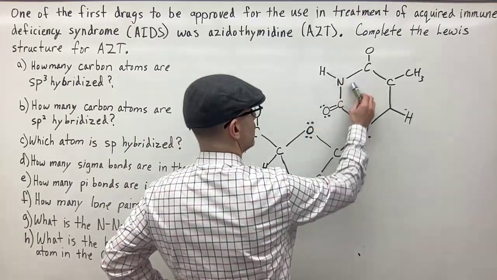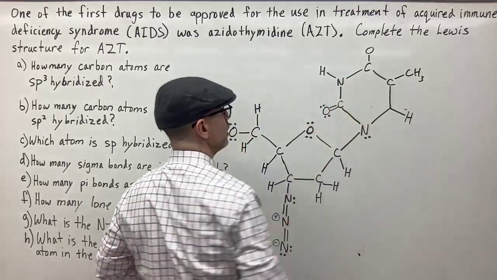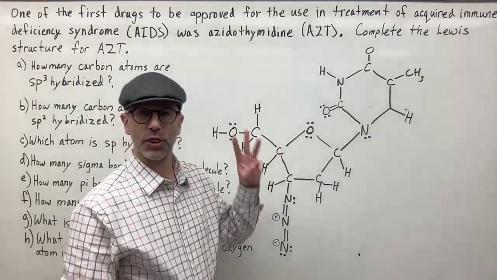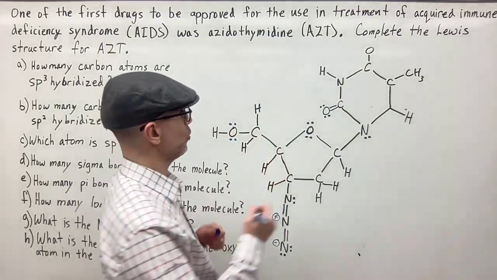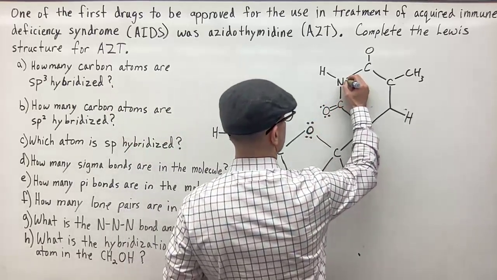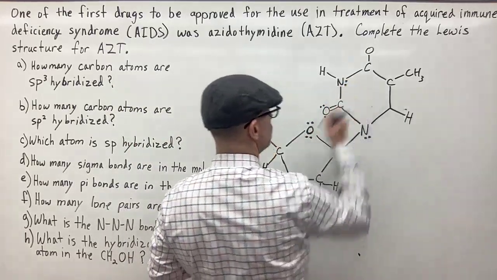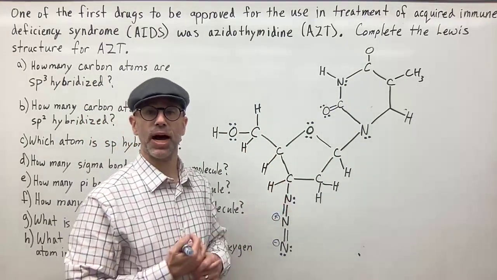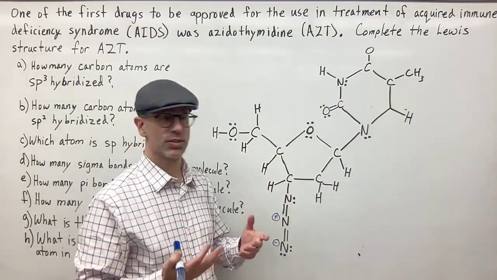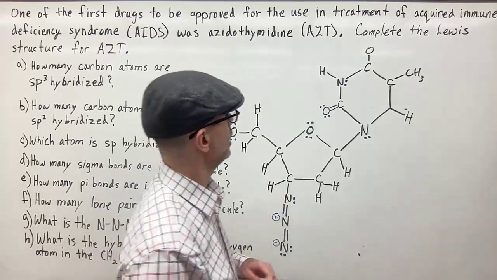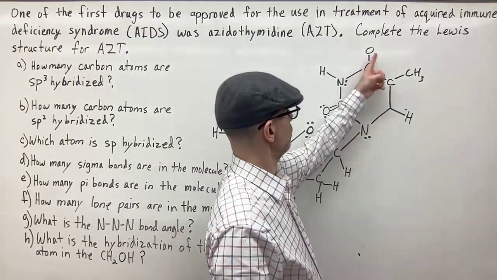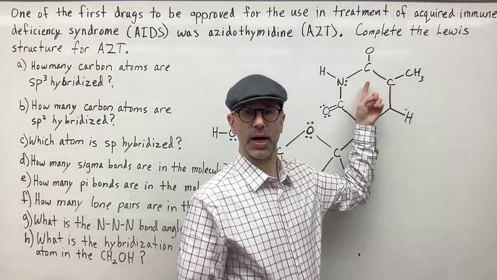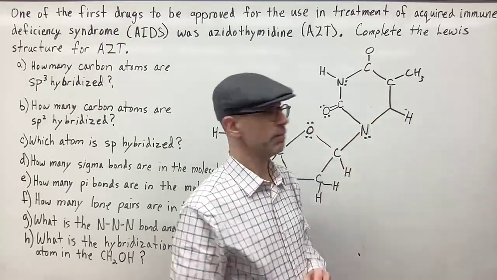This nitrogen has only 3 bonds. So we could put a lone pair here. So now that nitrogen has 3 bonds and 1 lone pair. So that's 8. So it fits the bonding pattern. Same thing here. This carbon has 3 bonds. It would like to have 4.